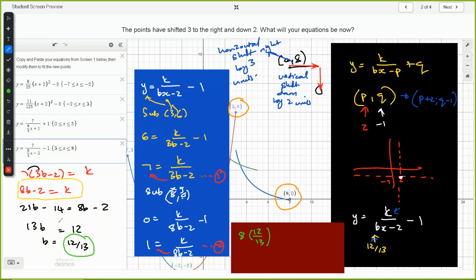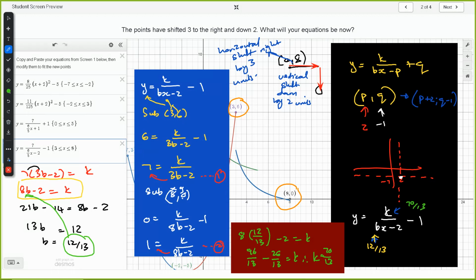That's going to go in there. Minus 2 equals k. I can put it on a calculator. 8 times 12 is 96 over 13 minus 2, which is 26 over 13, equals k. 96 minus 26 is 70 over 13. Okay, and my k value will be 70 over 13.